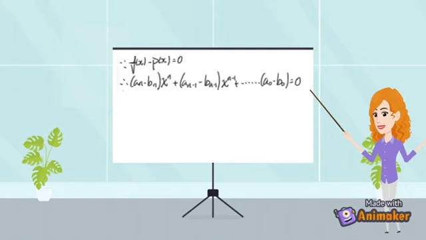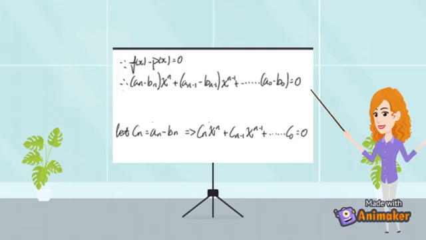By simplifying the expression, we get the equation (a_n minus b_n) as a whole times x to the nth power, plus other terms with the power decreasing by 1, and eventually, a_0 minus b_0 is equal to 0. Let a_n minus b_n be c_n and the equation be g(x).